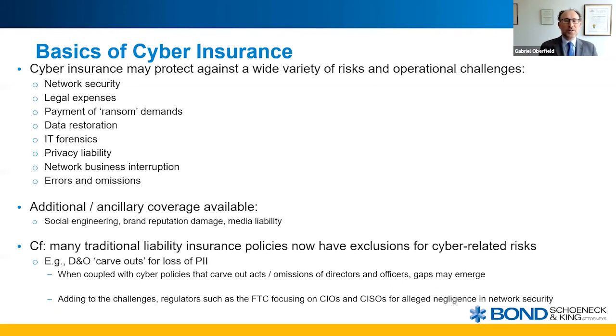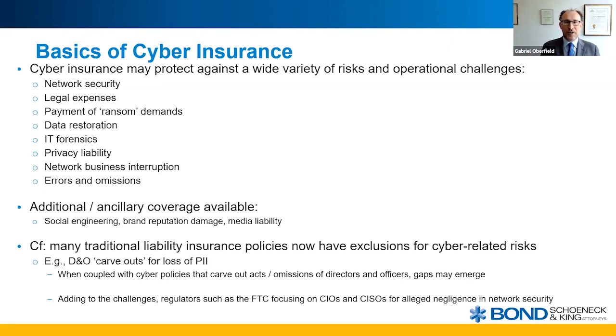And it's important just to think about the way cyber insurance policies interact with other existing policies. Many traditional liability insurance policies now have exclusions for cyber-related risk. This is something that has very much developed in the last few years. And think about D&O insurance, for instance.